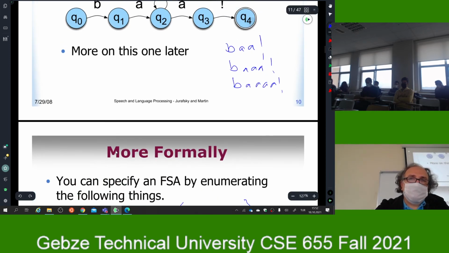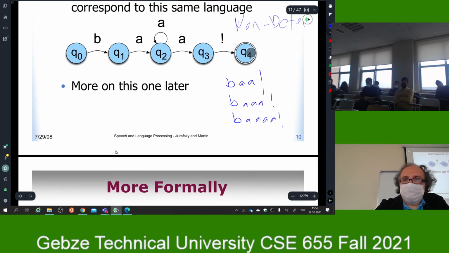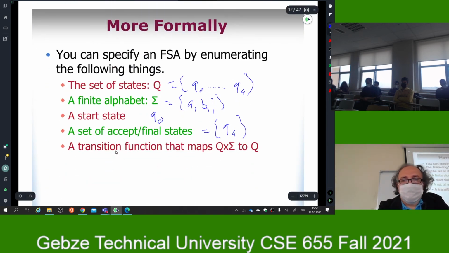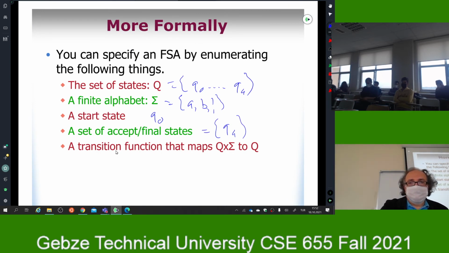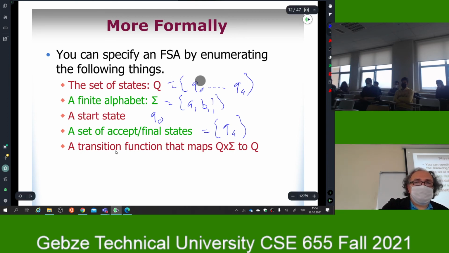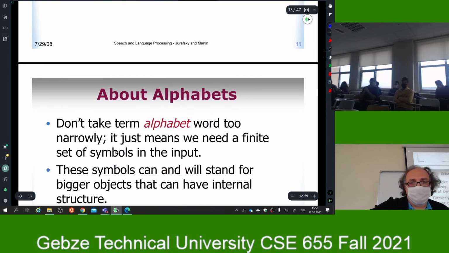In this case, I have only one, which is shown with this double circle. And there is a transition function that maps state alphabet pairs to new states. So five things define a finite state automata.